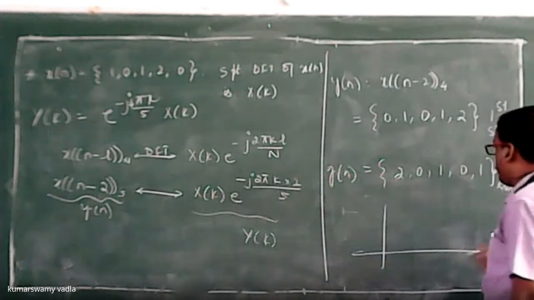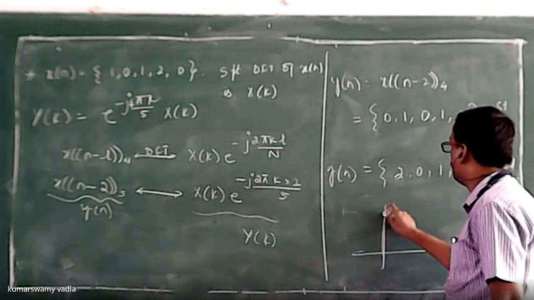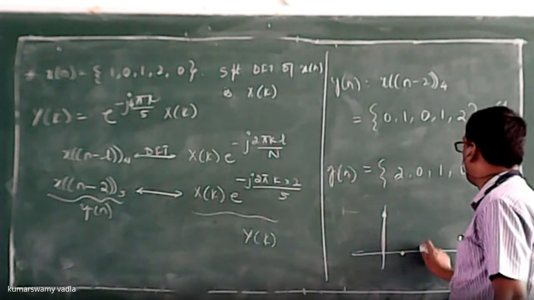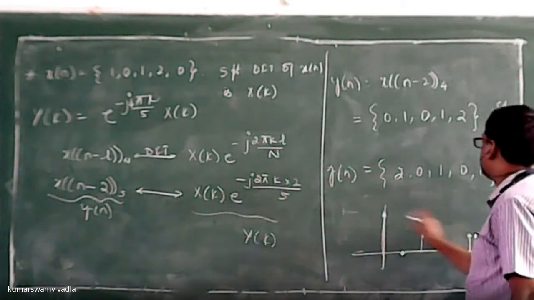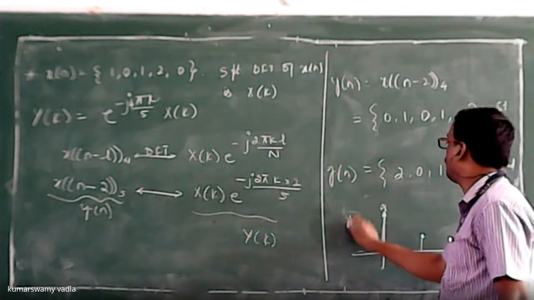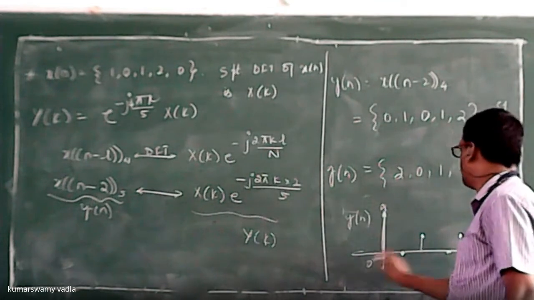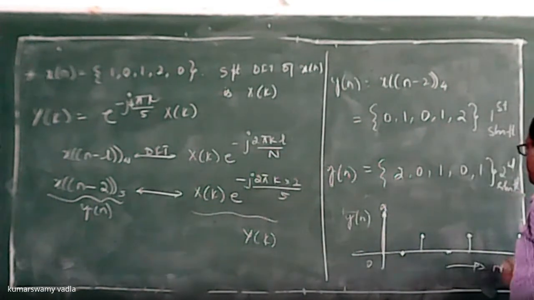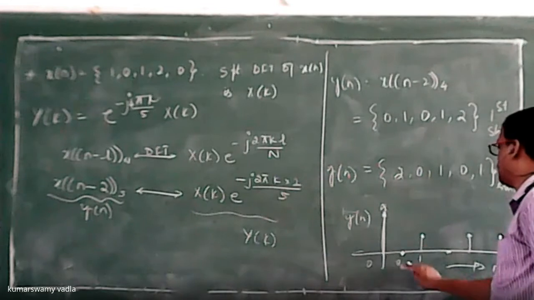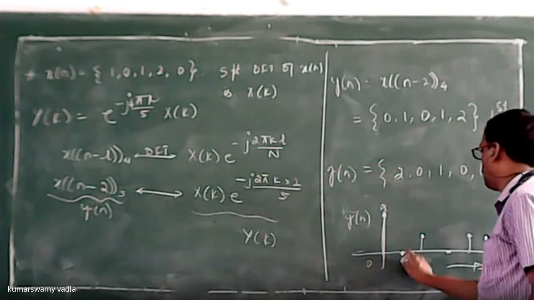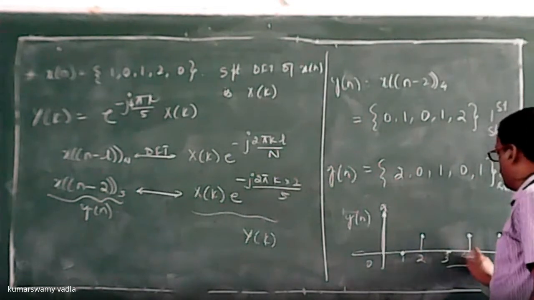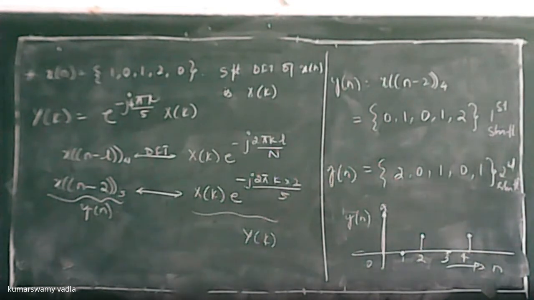So what about the plot? 2, 0, 1, 0, 1. This is your plot for y of n, and this axis is n: 0, 1, 2, 3, 4.